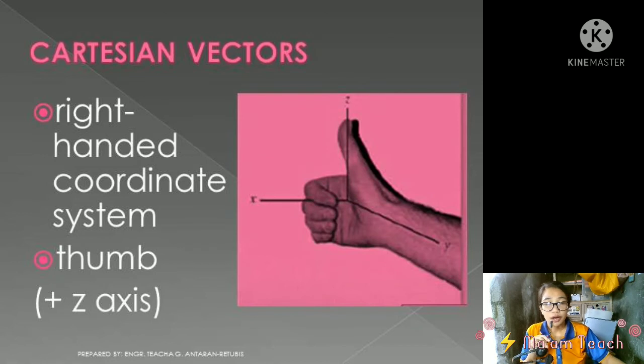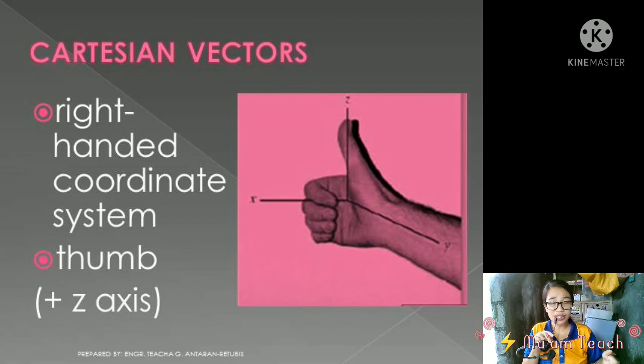So remember, class, in Cartesian vectors, since we are using three dimensions, we use our right hand in order to determine the direction of such axes. Since we have a 3D or three-dimensional system, we will be using our right hand as our coordinate system.